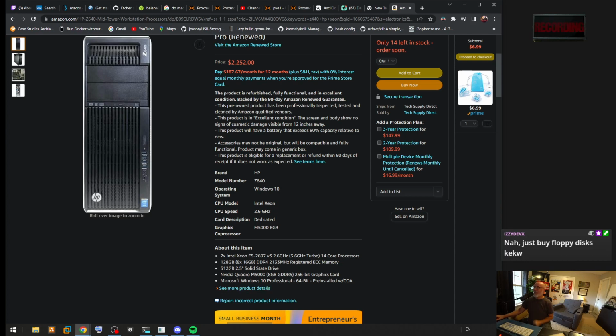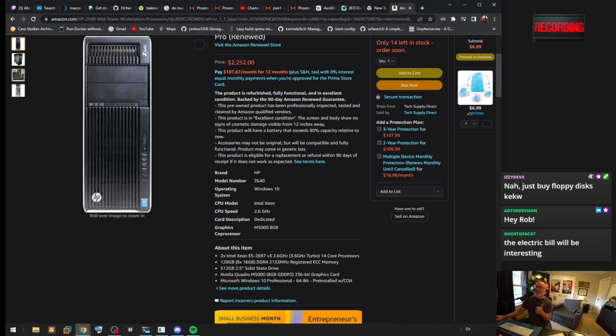Oh, it is solid state. Nice. I didn't catch that before. It's doing 512 gigabytes, a half terabyte of solid state. I didn't even notice that before.